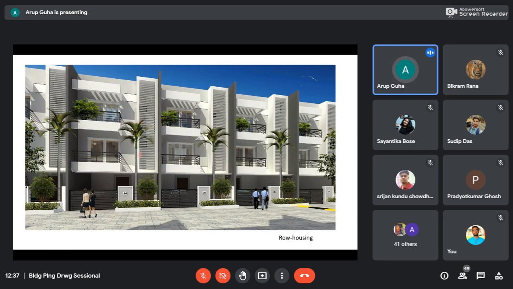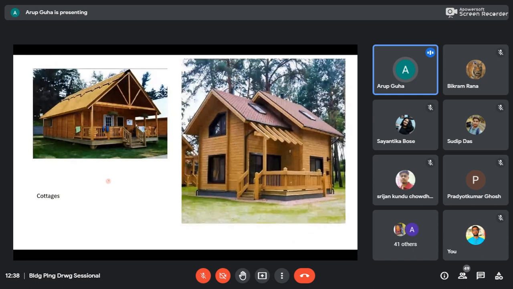Side খোলা নেই, only the front and back open, the sides are locked. Okay, so row housing, and these are actually cottages.